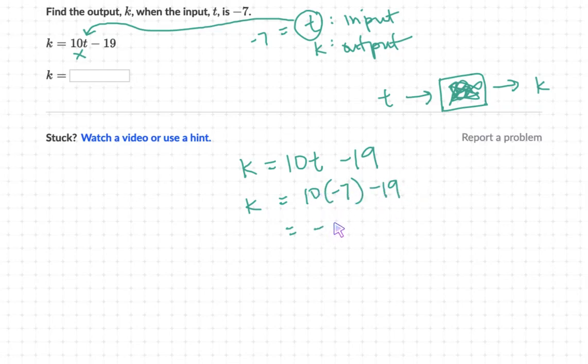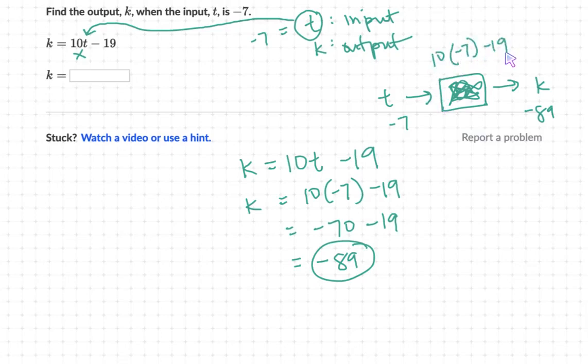So 10 times -7 is -70. So -70 subtracting 19 is going to get you -89. So k, the output, is going to be -89 when you put in the input of -7. That's what the machine is going to spit out when you put in -7.